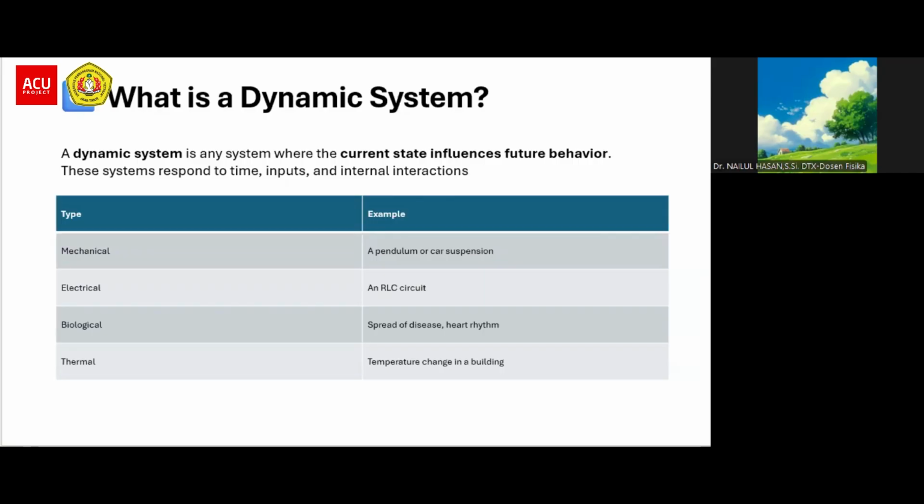Understanding this is crucial because once we know how today affects tomorrow, we can design systems that adapt, respond, and perform exactly as we need. But why go through the effort of modeling these systems? Let's look at the reasons.